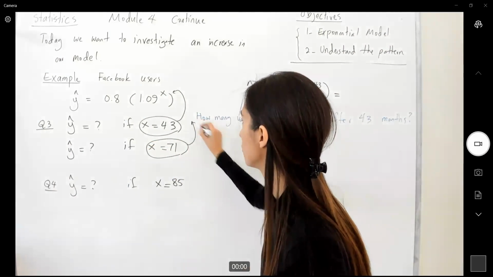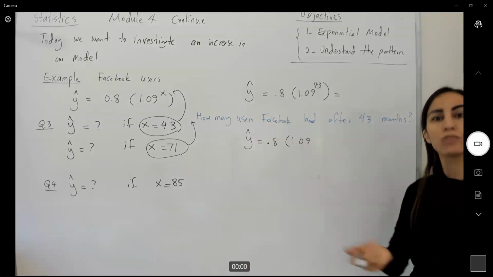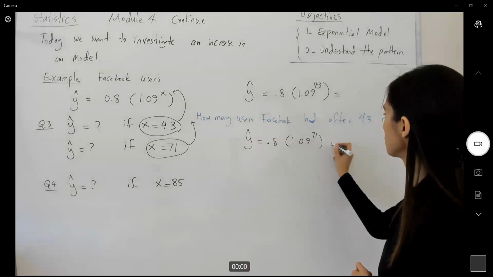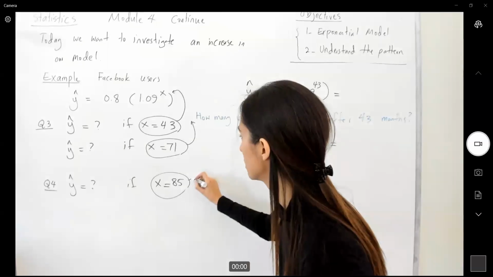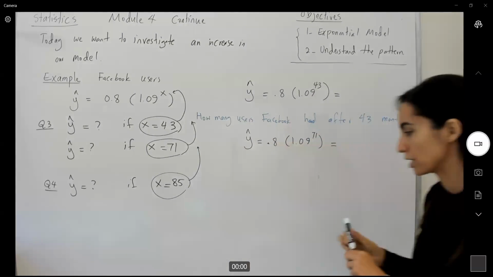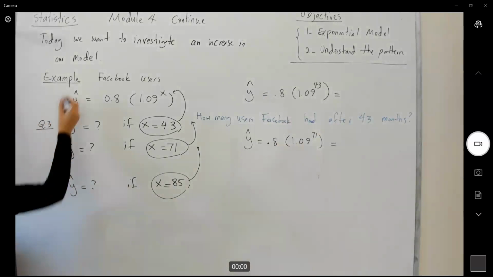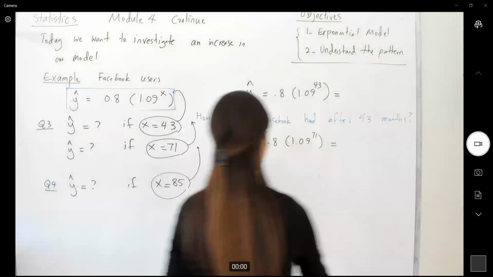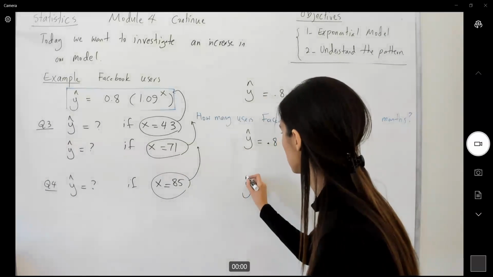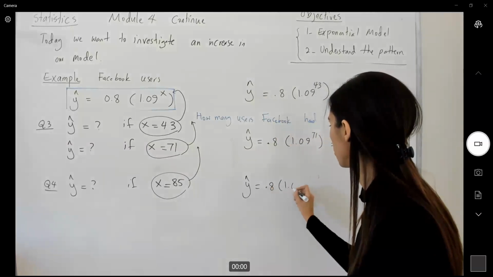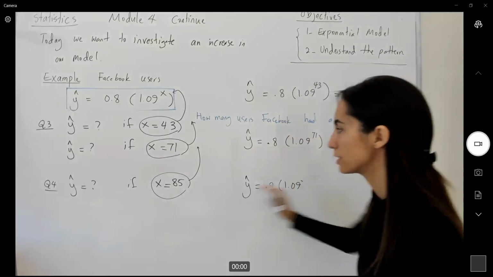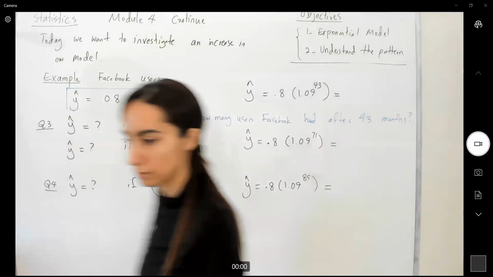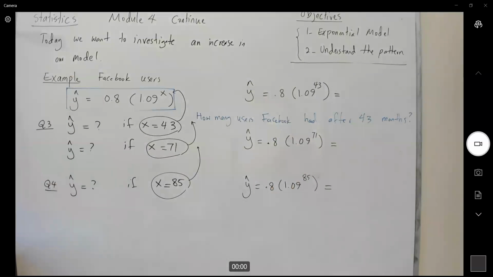One by one, we substitute these new x values and calculate the number of users. And here you have x equals 85. We're using the formula that is given to us, this exponential model: y hat equals 0.8 times 1.09 raised to this new x value, which is 85. Okay, take your time, calculate this.